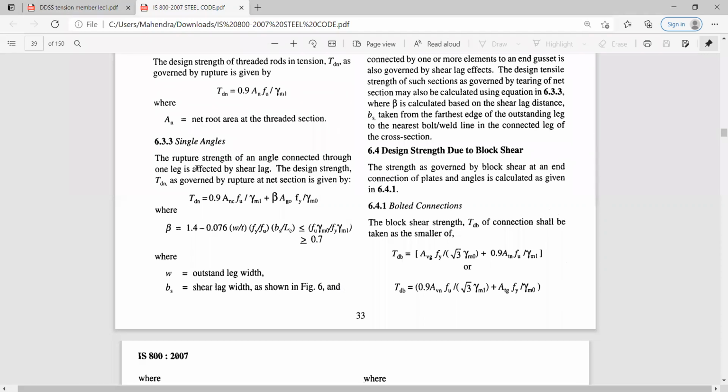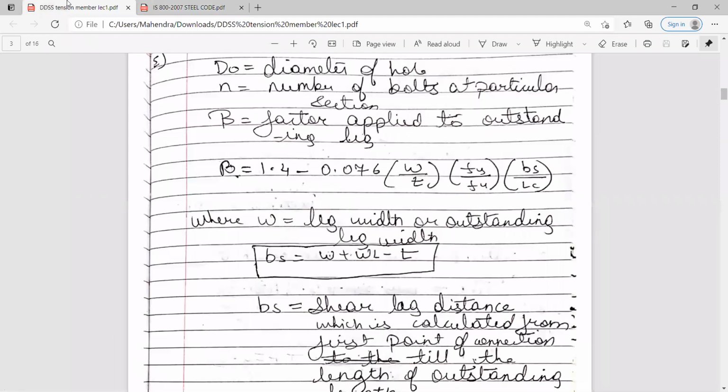Okay, it is on clause number 6.3.3 on page number 33 of your IS 800 2007, where Bs is W plus Wl minus T. You can note down the formula for Bs in this beta. Bs will be equal to W plus Wl minus T. I will share the entire PDF with you, so there will not be any confusion.